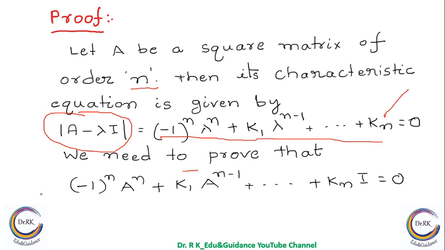Now what the Cayley-Hamilton theorem says is that the square matrix A satisfies this equation.